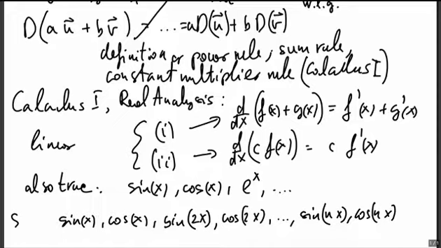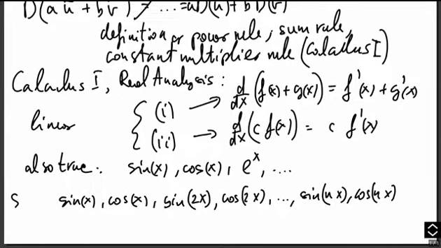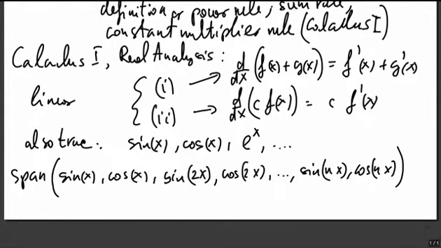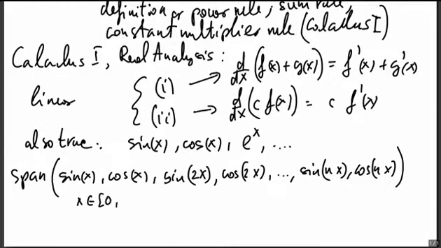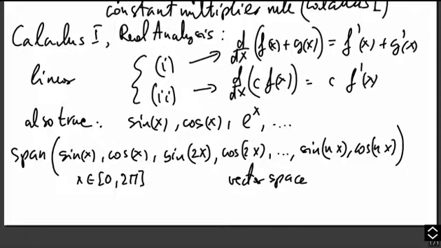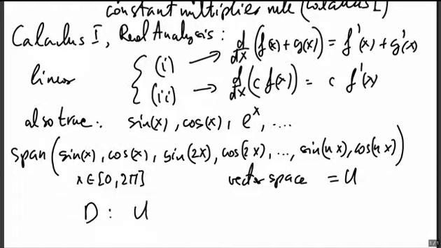These are 2n functions, and you can look at the span of this list of functions, where n is a given number and x could go between 0 and, let's say, 2 pi to have periodicity. We could show that this is a vector space, and if you denote it with u, then the differentiation also goes from u into u.